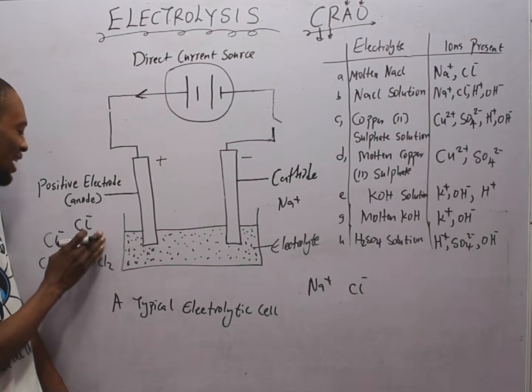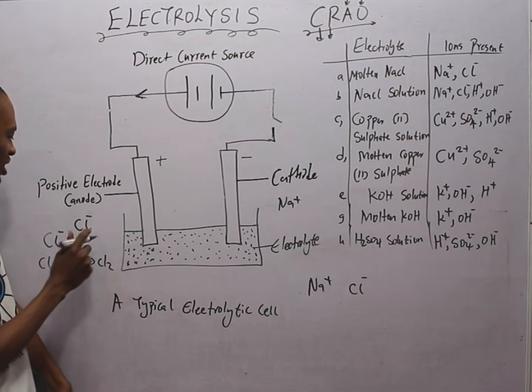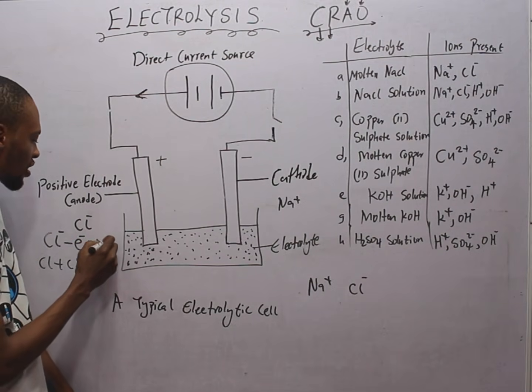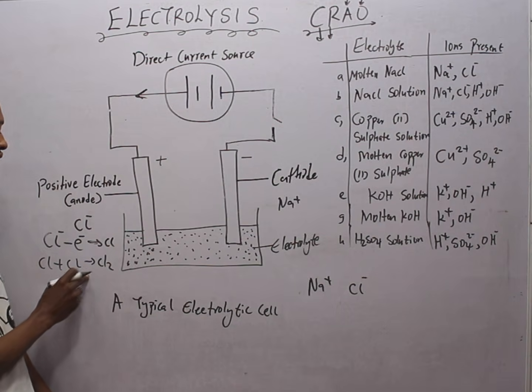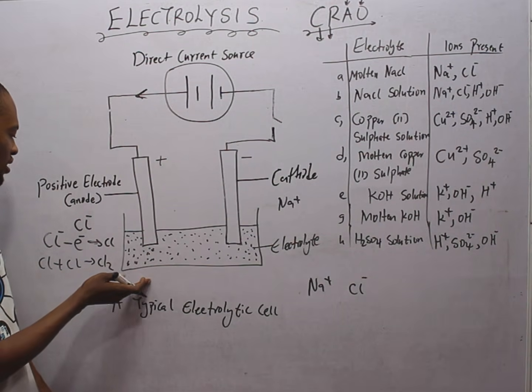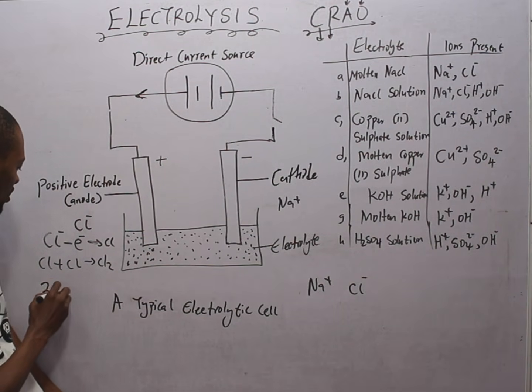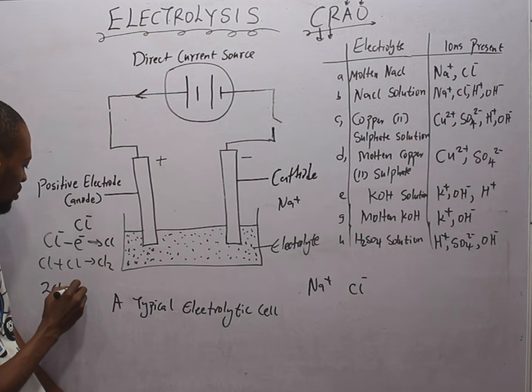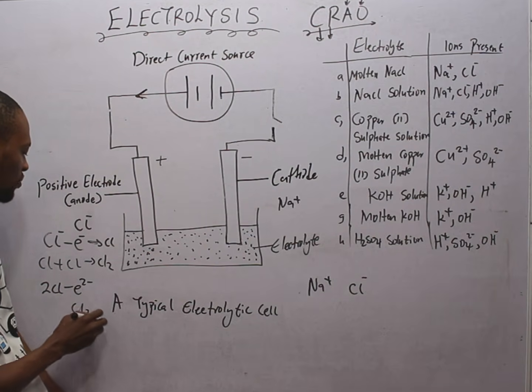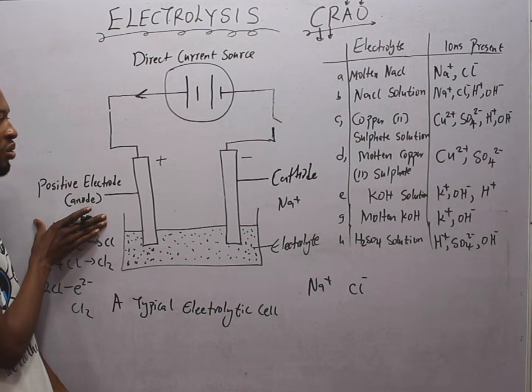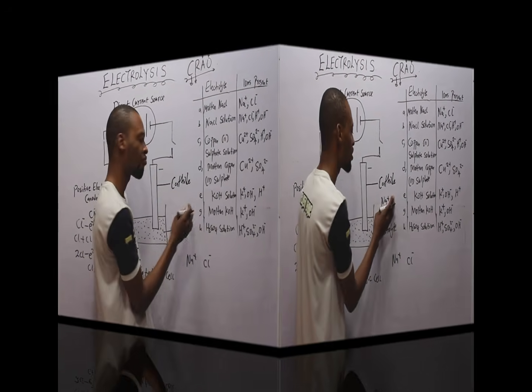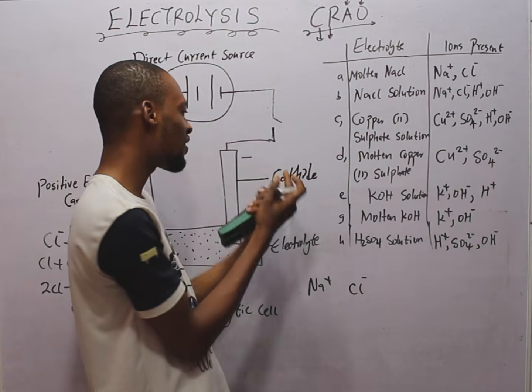So the reaction at the anode is Cl minus minus electron to give you Cl. Cl plus Cl gives you Cl2. This implies that 2Cl minus minus 2 electrons gives you Cl2. This is the reaction at the anode. How about the cathode? Electron gain occurs at the cathode.